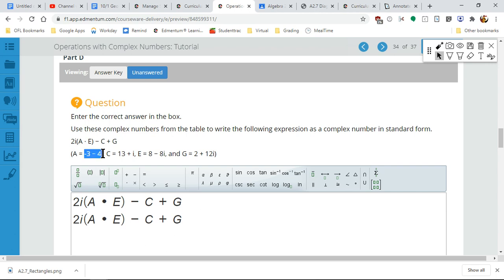But when I highlight this, I'm only going to highlight the A. And then when I highlight this, I'm only going to highlight the E and replace it with this E. And then from here, the C is going to be here. I recommend putting these in parentheses when you're plugging stuff in. It just makes it a little smoother.